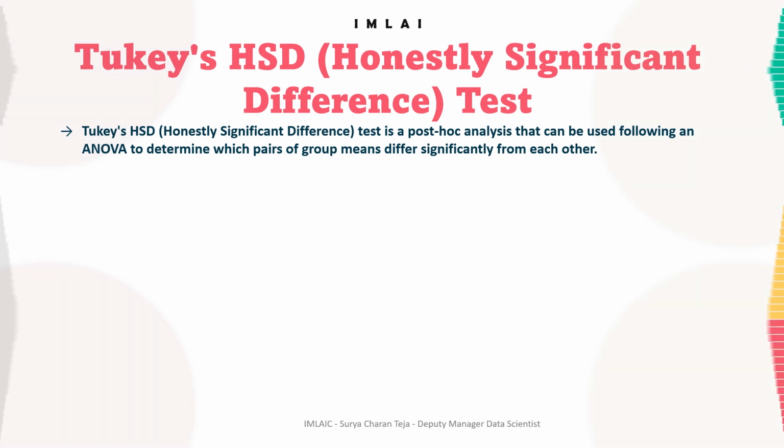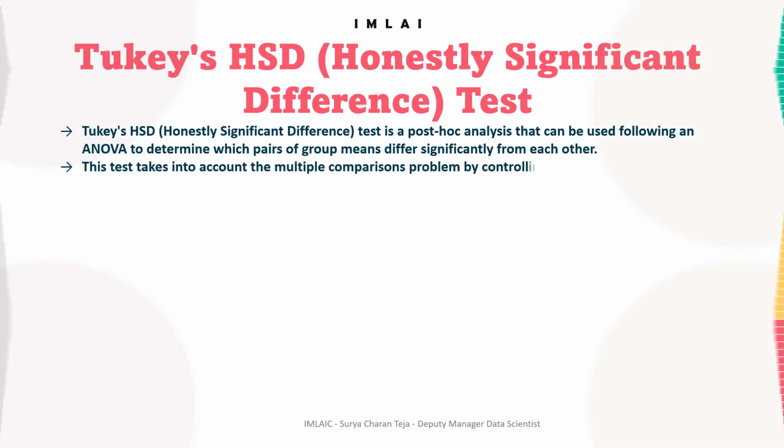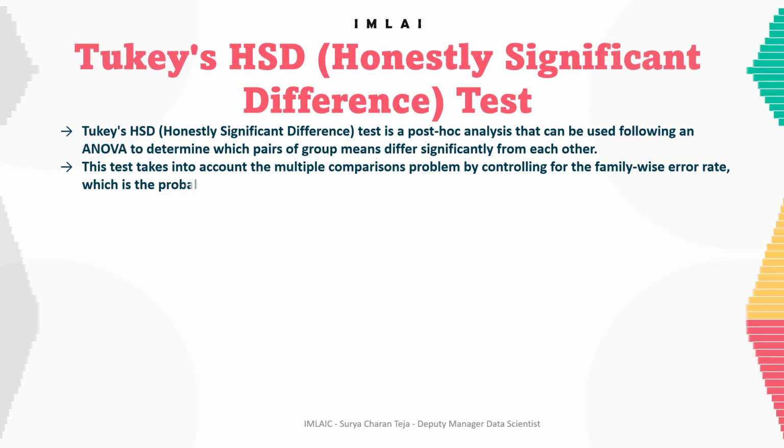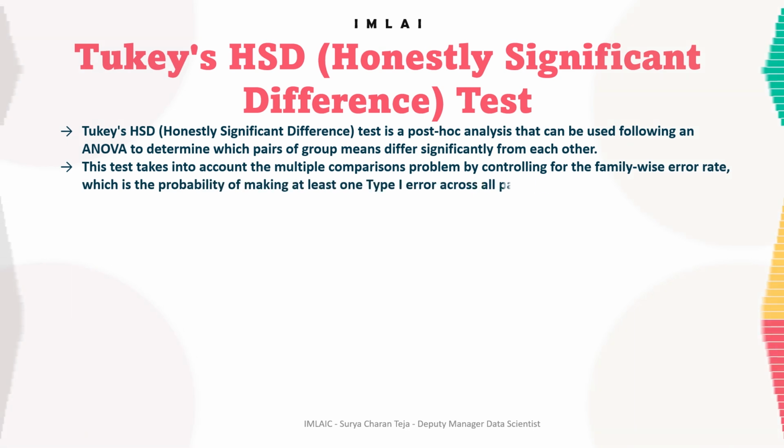The HSD test calculates a critical value for the difference between means called the honestly significant difference value.